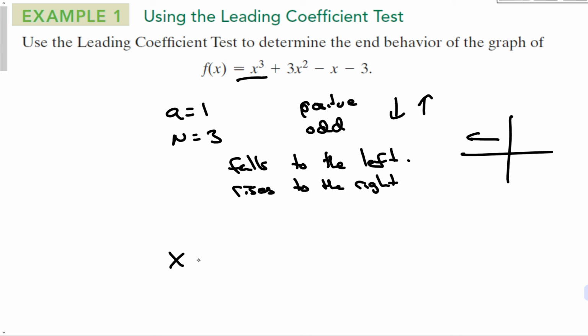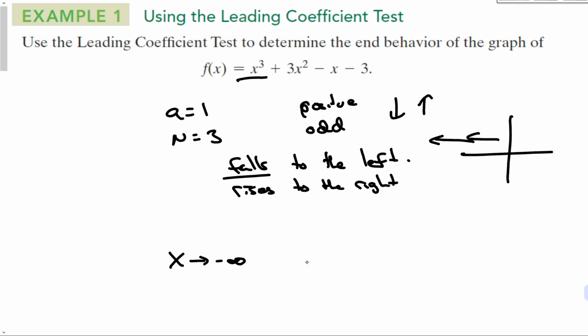Well, x is getting closer and closer, as we go further and further to the left, x is getting closer to negative infinity. Okay? As this is happening, as I'm going towards the left, this function is going to fall.